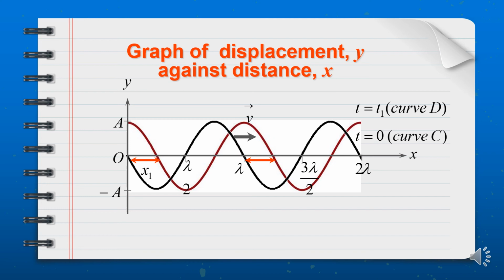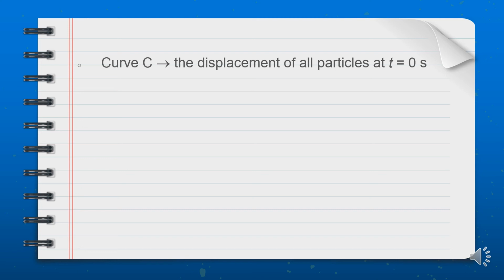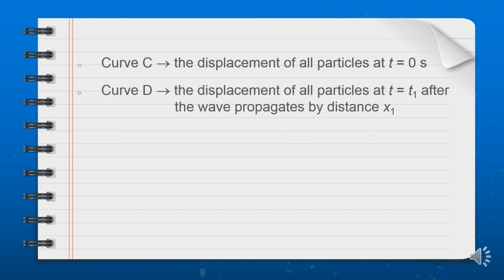Thus, the graph of displacement y against distance x is given by curve C. Curve D represents the graph of displacement at time equals t1. Curve C shows the displacement of all particles at t equals 0 seconds. Curve D shows the displacement of all particles at t equals t1, after the wave propagates by distance x1.